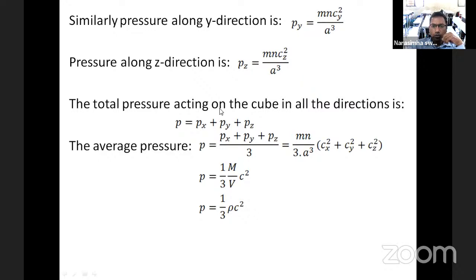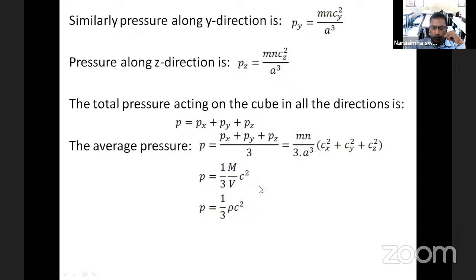So the total pressure acting on the cube in all directions is obtained by adding the pressures along the x-axis, y-axis and z-axis, and taking the average. The common factors mn by 3a cube are taken out, and the remaining terms cx squared, cy squared and cz squared are added, so P is equal to 1 by 3 times that. Here M is the total mass enclosed in the container, and c squared means the velocity of molecules moving in all directions in the container.